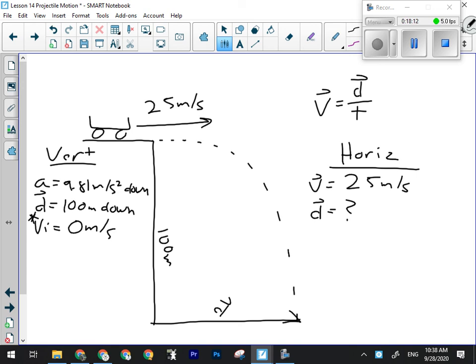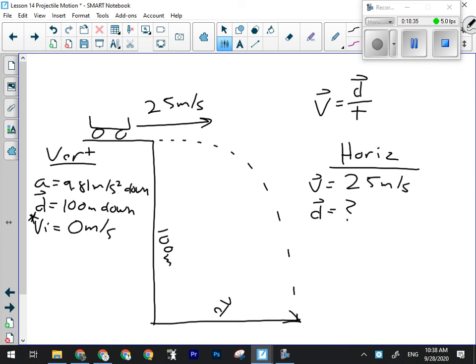Yes, because once the car crashes into the ground, it isn't doing either one of those anymore. So the time in all projectile motion problems is the same for both the horizontal and the vertical part, just like it was in your boat questions. I'm moving downstream as long as I'm going across, because once I get to the other side, I'm not doing either one anymore.